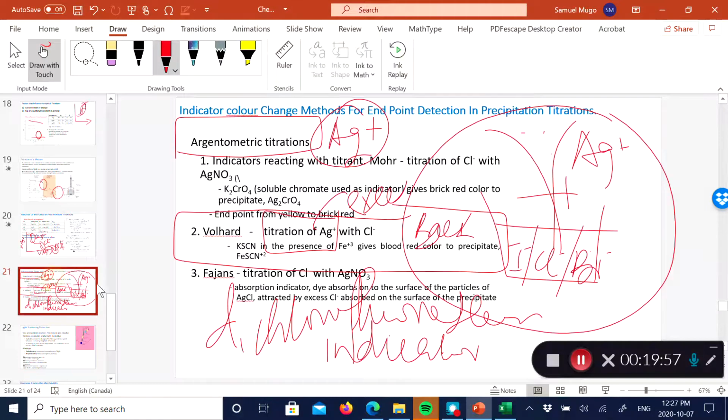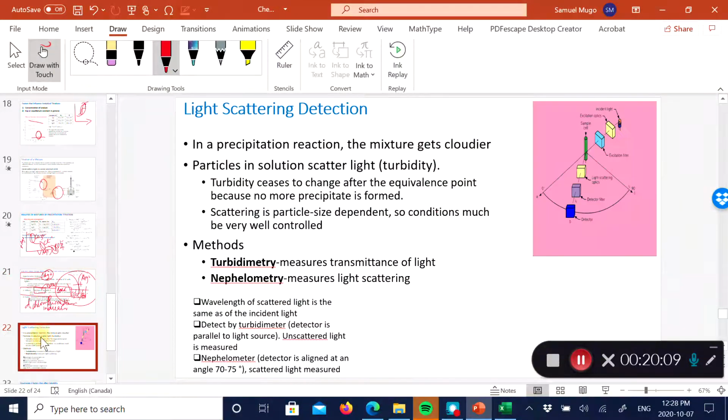So I've talked about using indicators, like we said, end point creates an error, because it's always an overshoot of the equivalence point. But you can actually use instrumentation to determine the end point, so you can use spectrophotometry really to determine the end point even with precipitation types of titration.